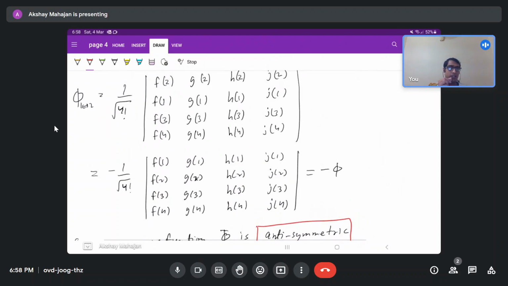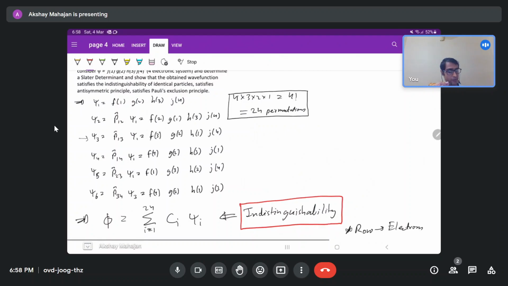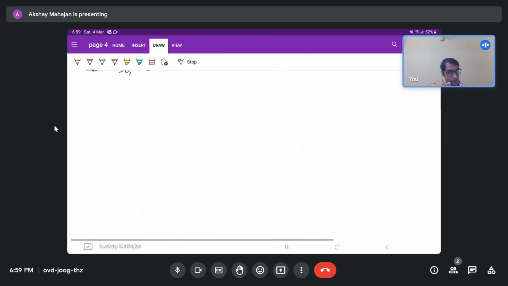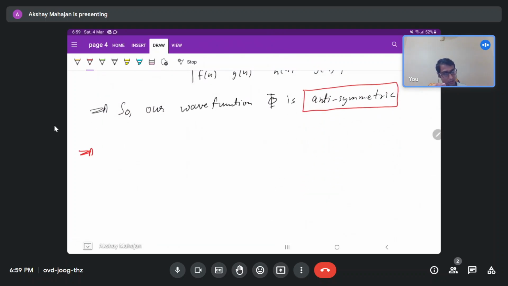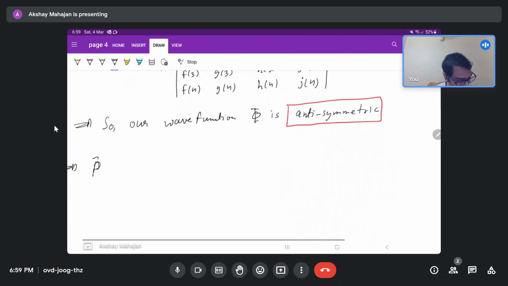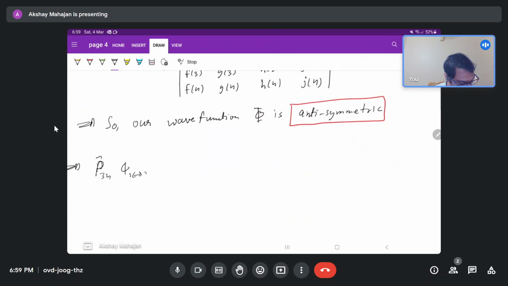Now you can check in the same way by doing similar permutations. You have interchanged 1 and 2, and you can also interchange 1 and 3. Once I have changed 1 2, I am getting a minus sign. Now let's say I then apply 3 4 on this 1 2 wave function that I have.